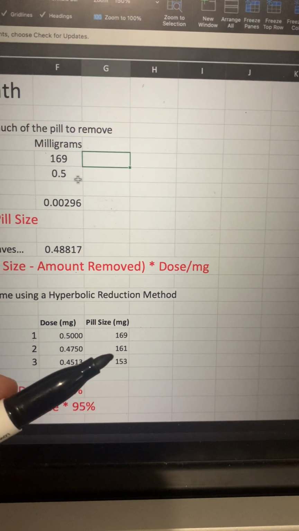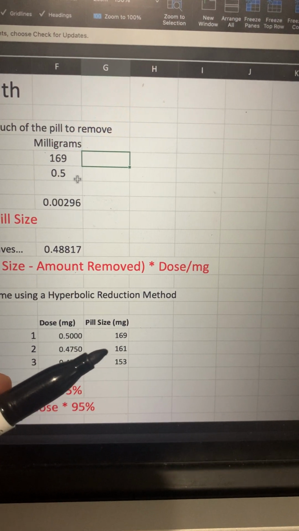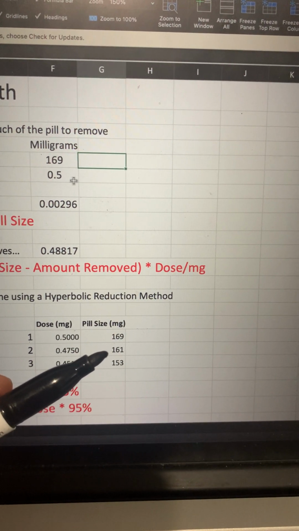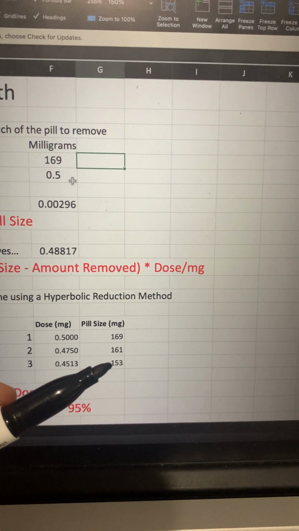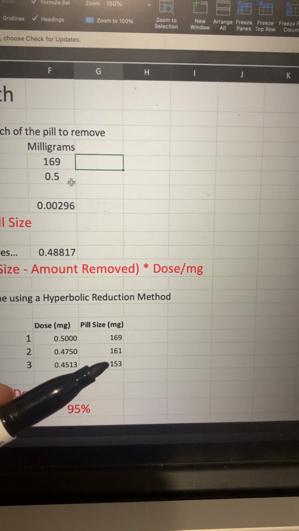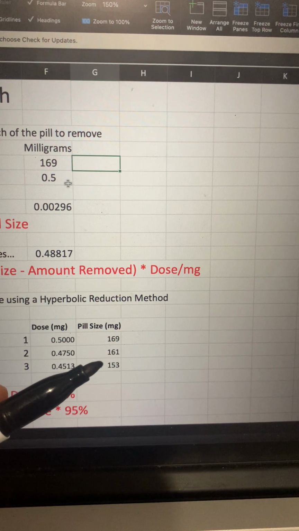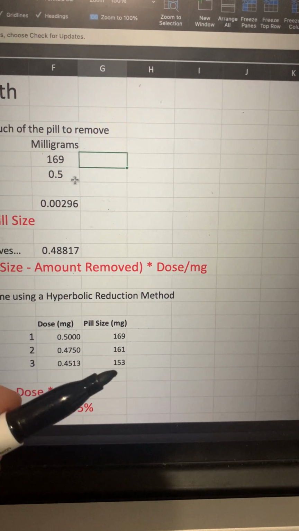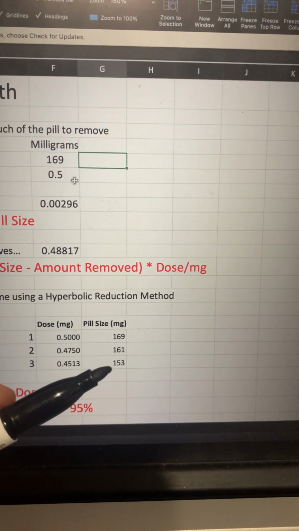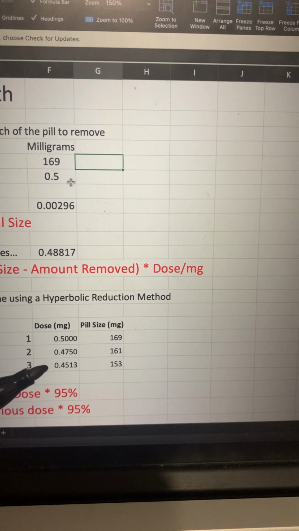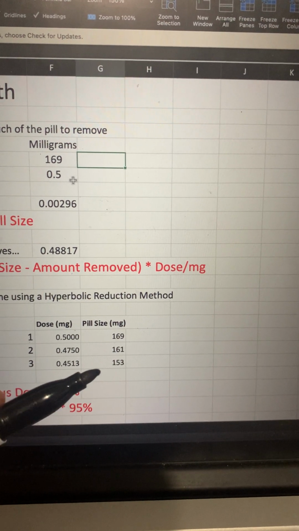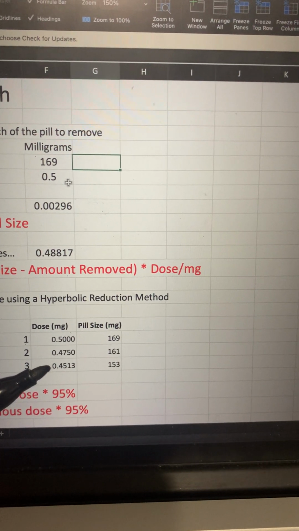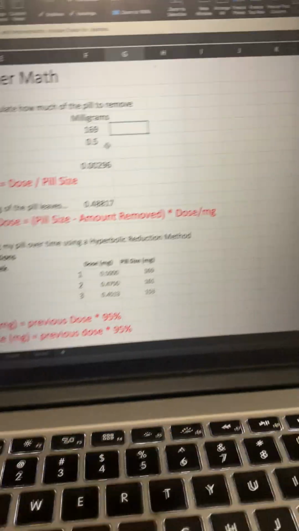The pill would be the same exact math. If you took 5% off of 161 milligrams, your pill would go down to 153 milligrams. So you would shave your pill down to weigh 153 milligrams, and that would result in you having 0.4513 milligrams of pill in there.